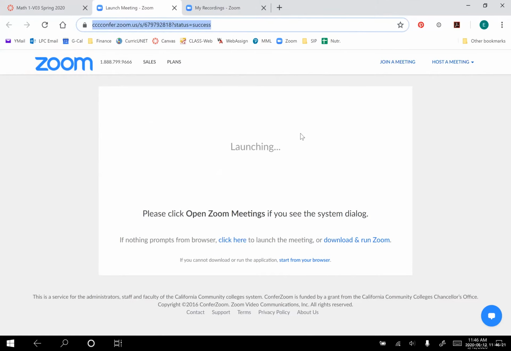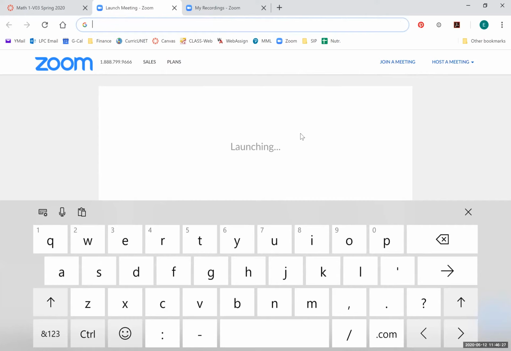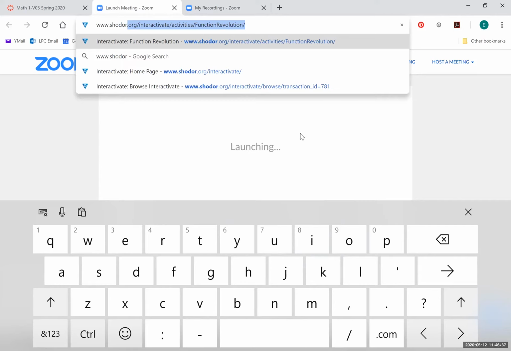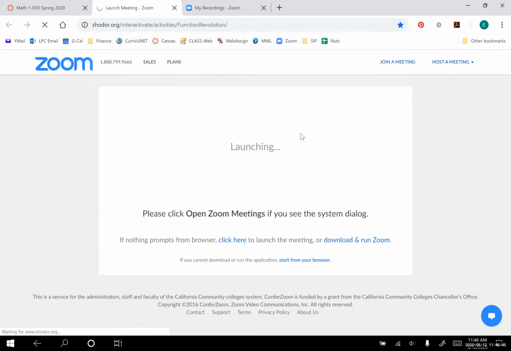All right, so let me see if my keyboard will cooperate with me. Okay, here we go. So the website is shodor.com, untitled.org. I do not know why it's called that. And I will post this link for you guys so that you can use this website as well.